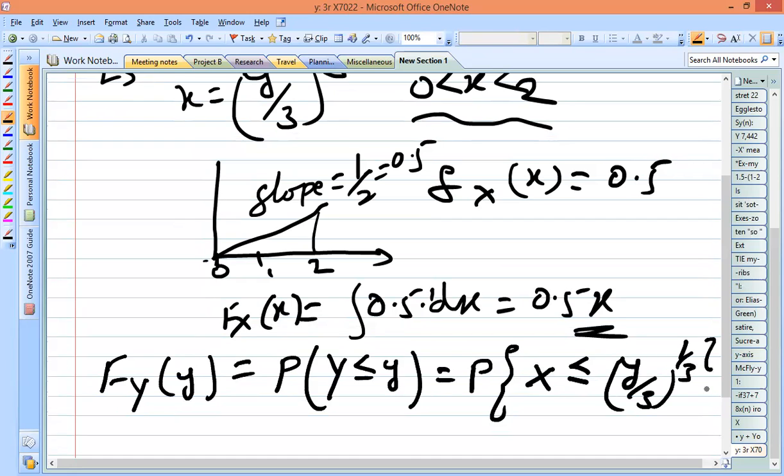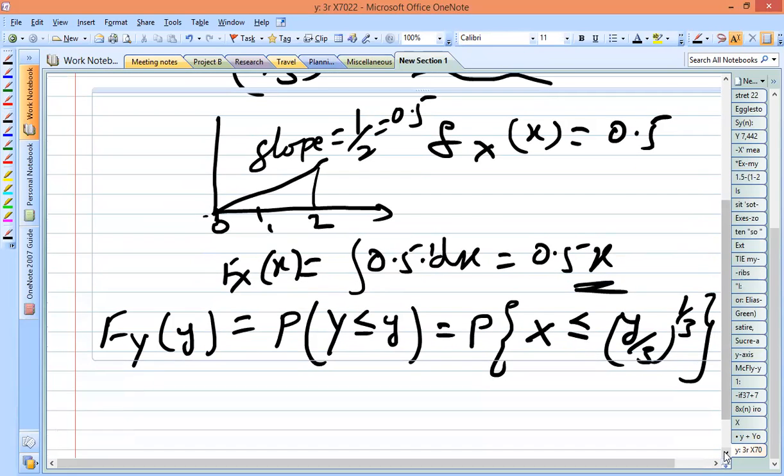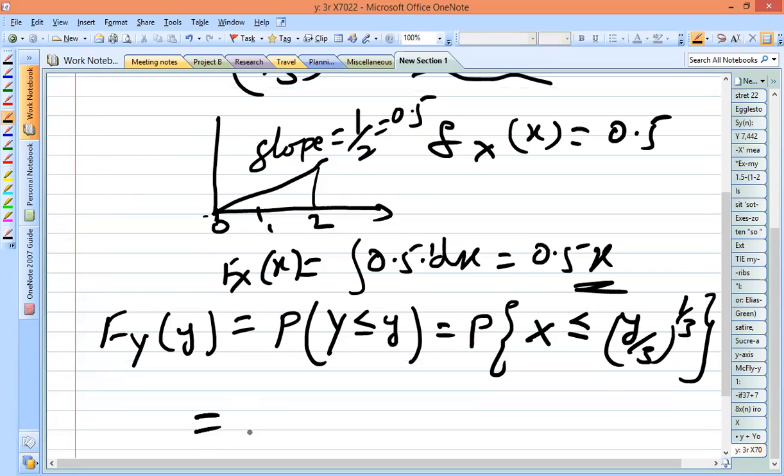As we have seen, y is defined by the equation 3x cube, from which we have obtained x as y by 3 to the power 1 by 3. Now you have to simplify this. This will be simply equal to the CDF fX of y by 3 to the power 1 by 3. So this is the CDF.